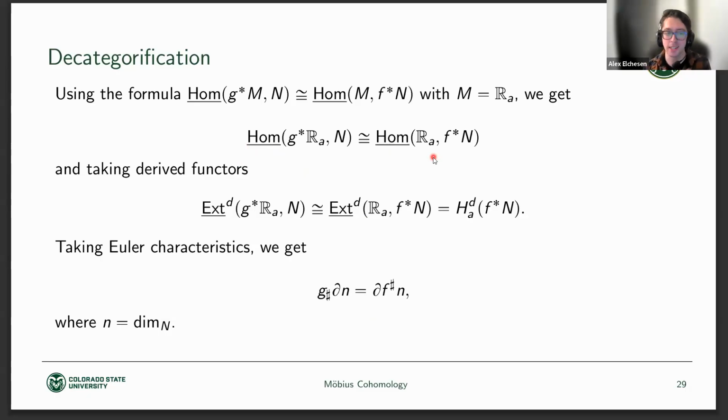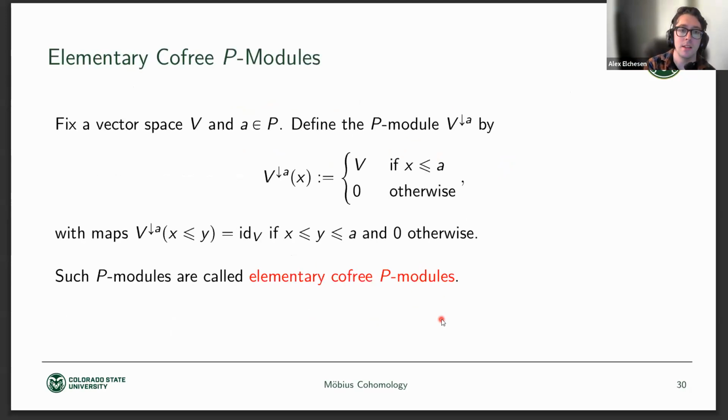So decategorifying gets us Rota's Galois connection theorem, but if we don't decategorify, we actually contain a lot of information here that we lose if we pass to the dimension functions. Okay, so that's that. And the last thing I want to talk about is some open questions.